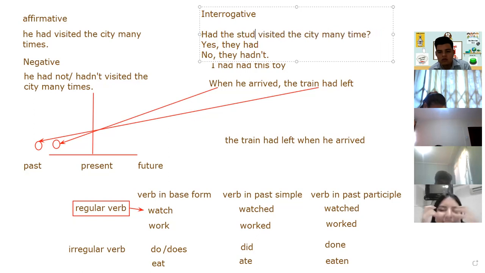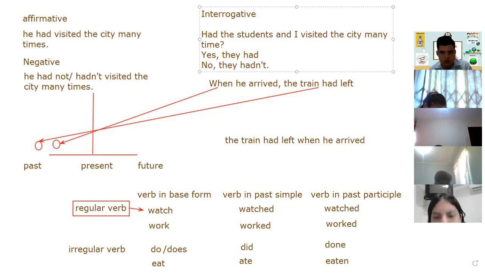Or "the students, yes, and I," so in this case, we have to use we. So you can use a noun, but you have to answer with a personal pronoun. That is in a yes/no question.